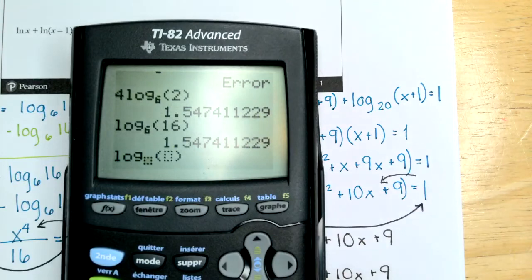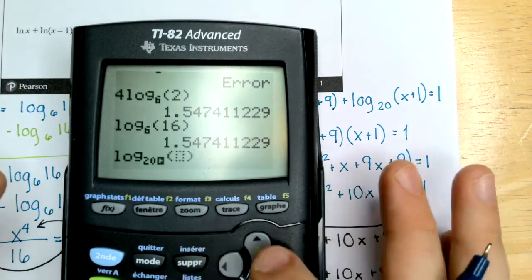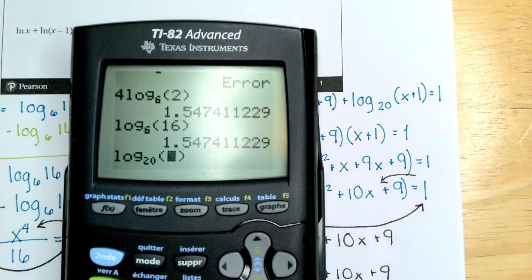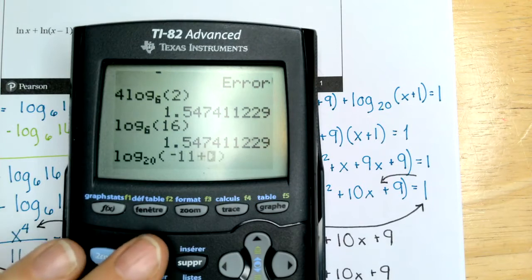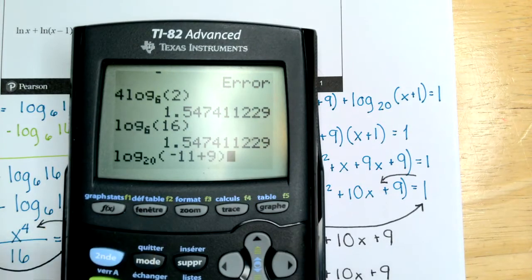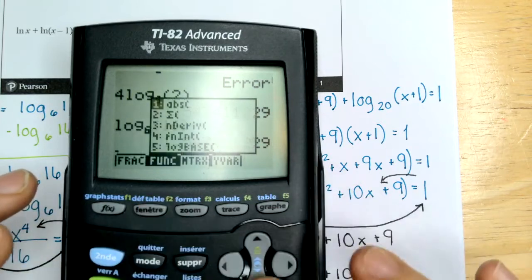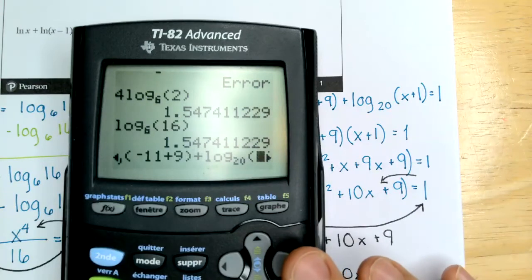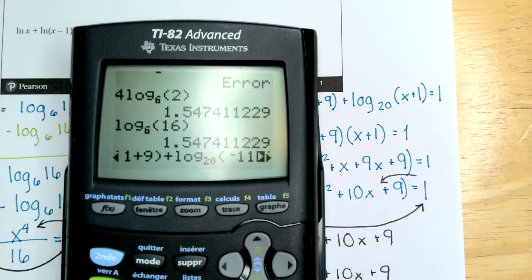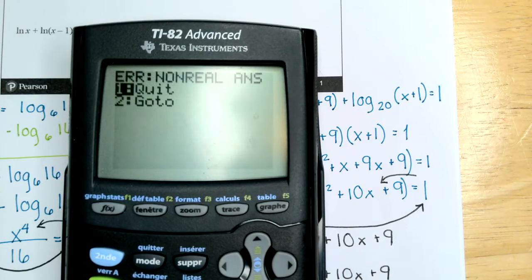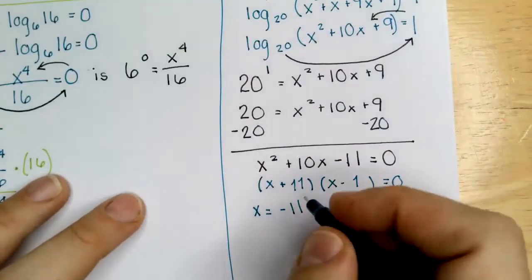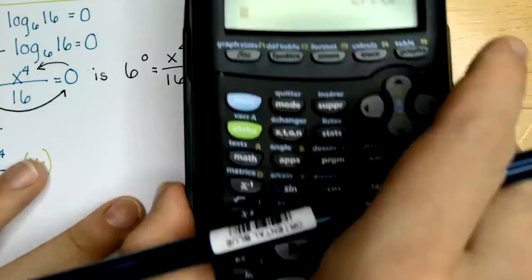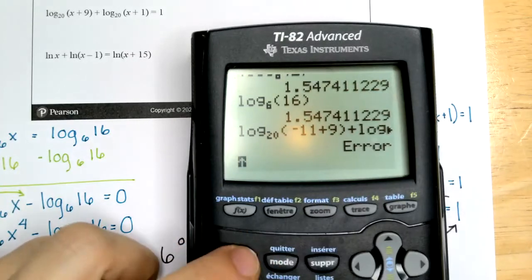Log base 20 of negative 11 plus 9 plus log base 20 of negative 11 plus 1 is a non-real answer. So we're going to say that is not possible. And we're going to go back and do it with 1.